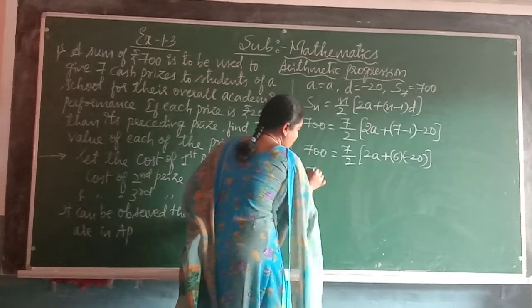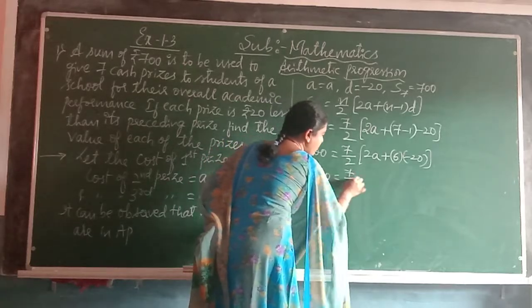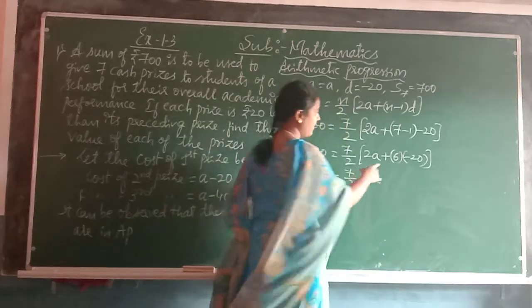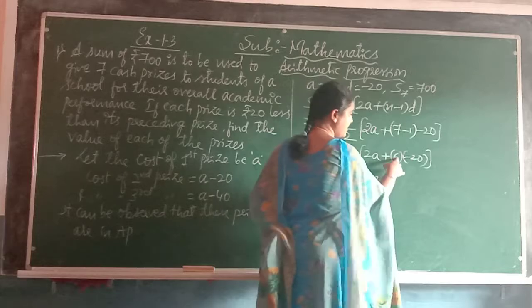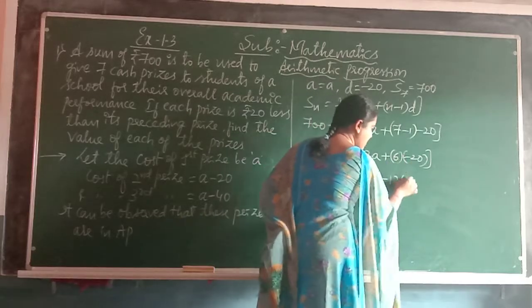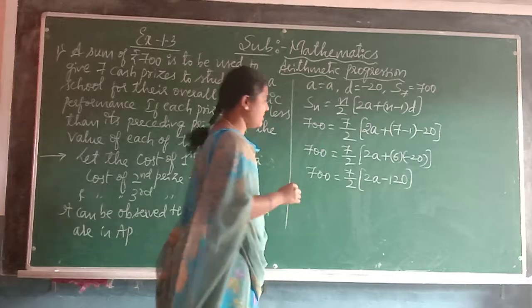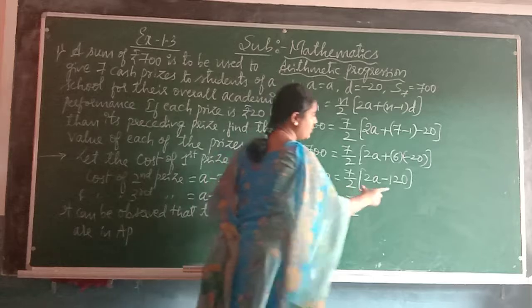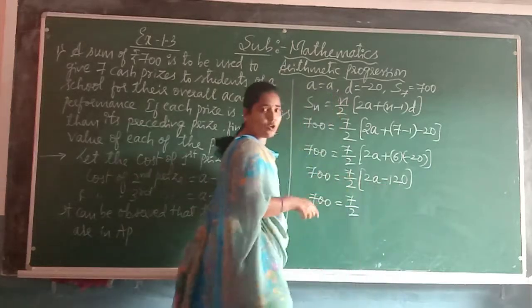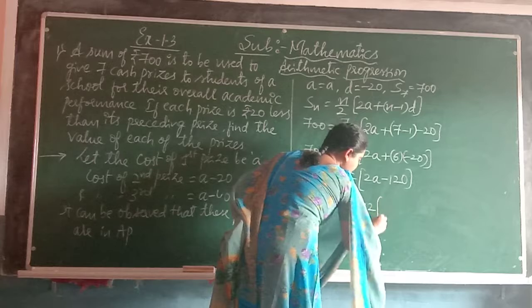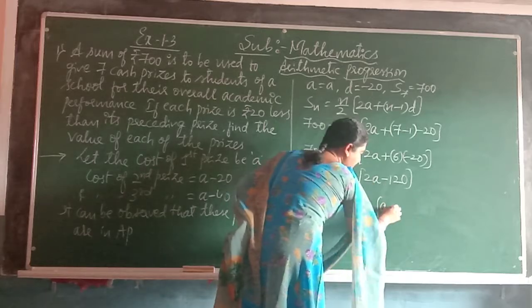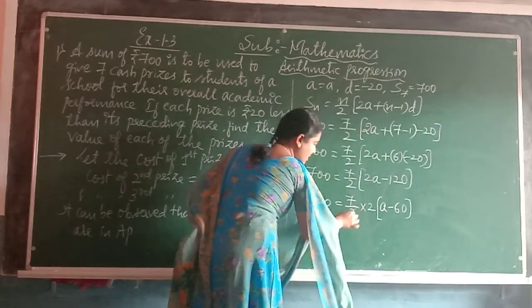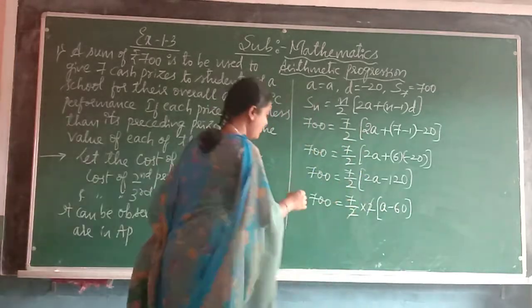Now, 700 equals 7 by 2 into, simplify this one, 2a plus, into minus is minus, 6 twos are 12, 6 zeros are 0. Now, 700 equals 7 by 2 into, in these two terms 2 is common, take it out, into 2 times A minus 60. The 2s cancel each other.